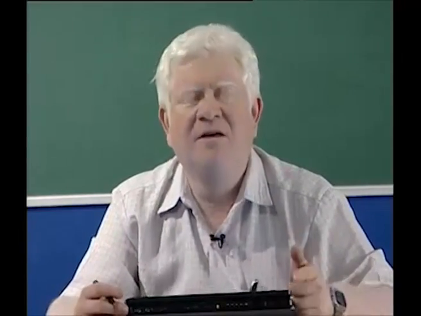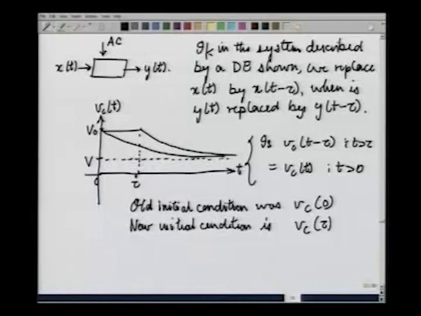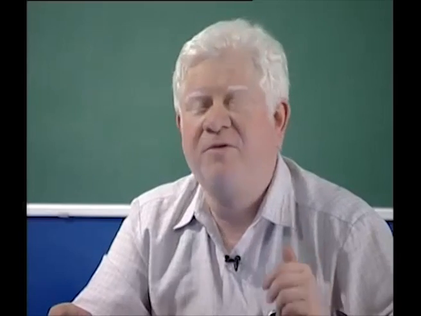When you shift the input signal by a certain amount, which you are now doing by applying the signal at t equal to tau by closing the switch at tau instead of at t equal to 0, then the auxiliary condition that was earlier specified would also have to be specified at an appropriately shifted instant of time.